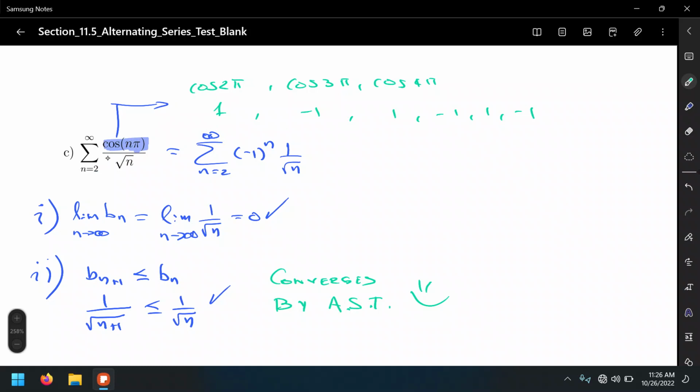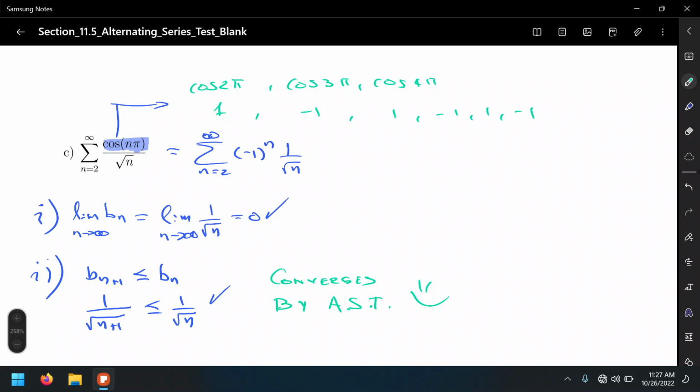Cosine of the next n, which is 3, cosine of 3 pi, -1. Cosine of 4 pi, +1. Cosine of 5 pi, -1. So what we're seeing here is the alternating factor: 1, -1, 1, -1.